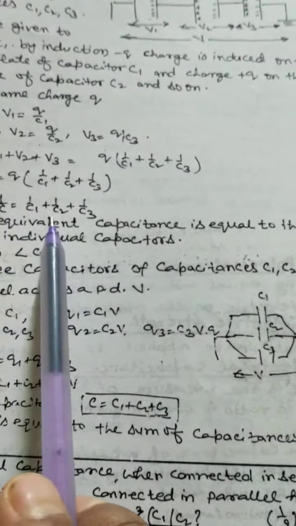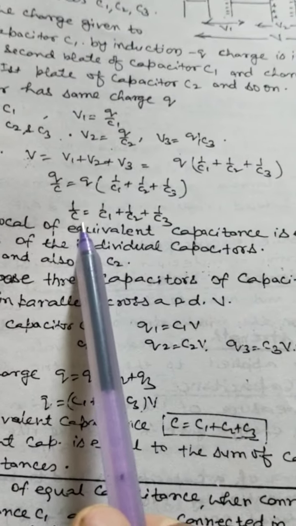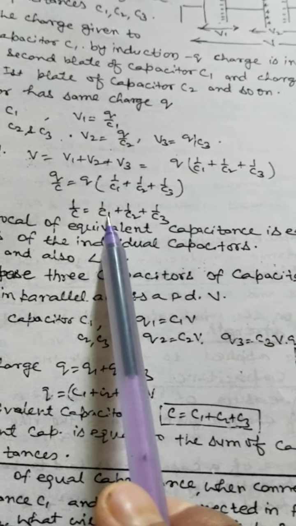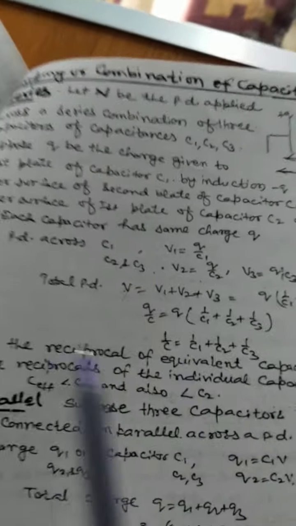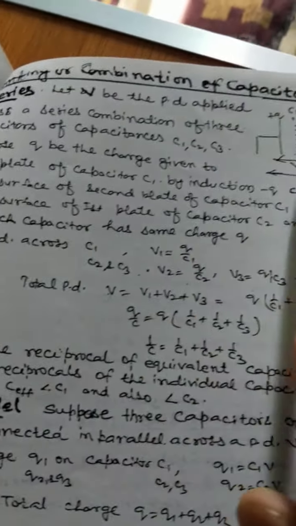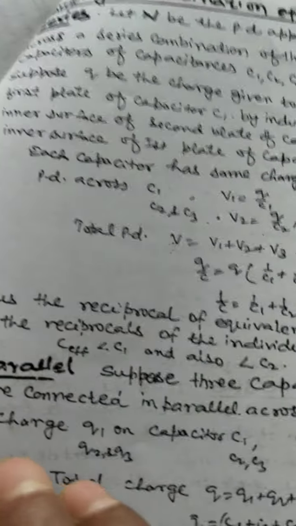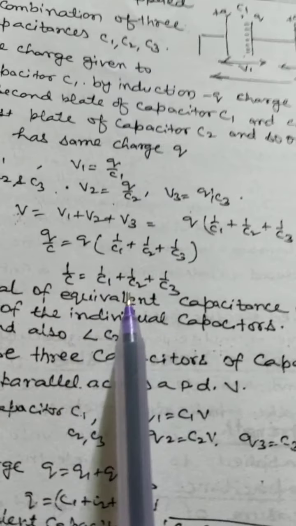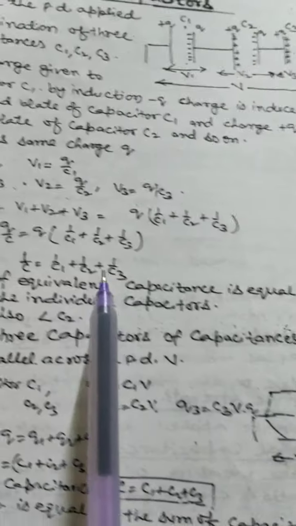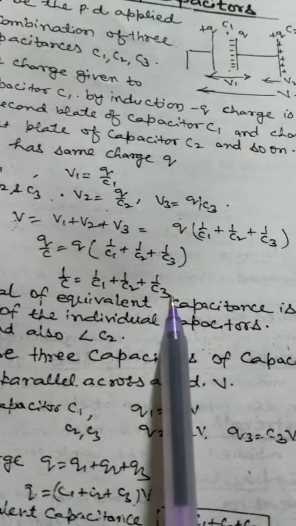So you get the expression 1 by C is equal to 1 by C1 plus 1 by C2 plus 1 by C3. In this way, when three capacitors are connected in series, the equivalent capacitance is given by 1 by C is equal to 1 by C1 plus 1 by C2 plus 1 by C3.